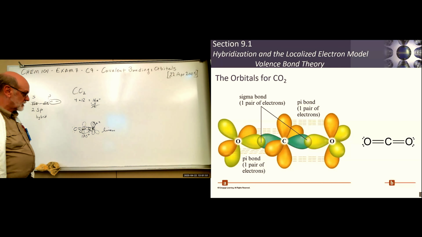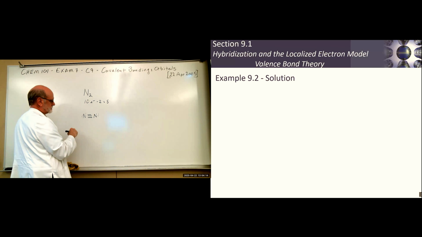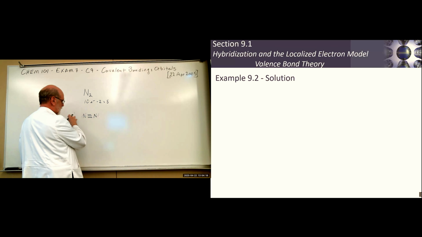We want to give each nitrogen an octet. So if we take these 2 here and these 2 here, now we get an octet with a lone pair on each nitrogen. Okay, so each nitrogen has an electronic structure of linear. So put together, we have a linear molecule.